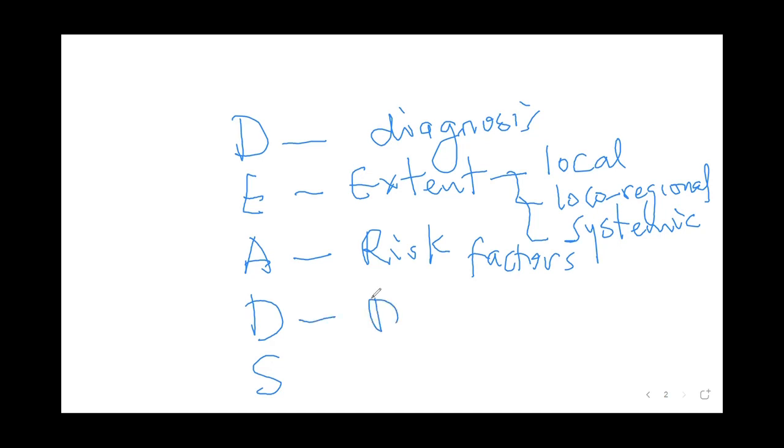Then differential diagnosis, okay? Because you have to look for other diseases that are similar or may have similar presentation with colon cancer. Now, the aim of systemic review generally is to look for other concomitant conditions which may be present, okay?